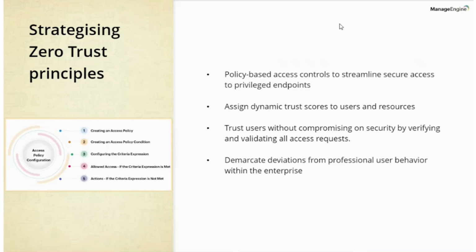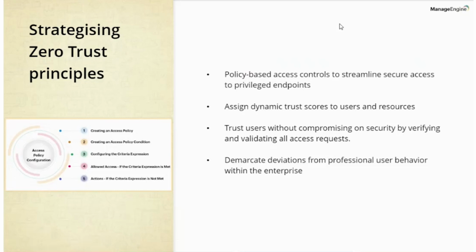And how do you do that? Let me just tell you how you can achieve that with the help of trust scores. So by identifying the security posture of the user, device and resource, and calculating their trust score with the help of predefined conditional parameters is what policy-based access control is.